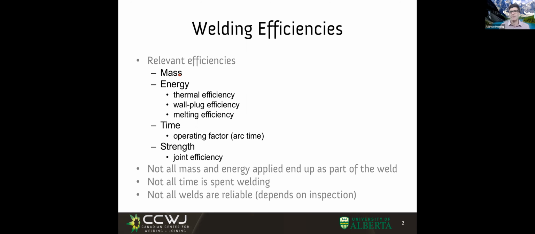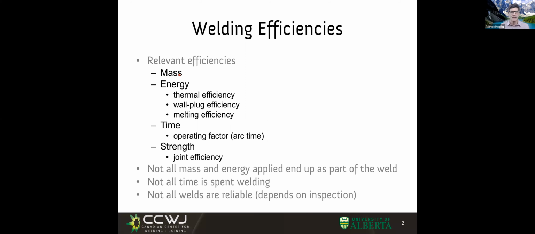For example, with CO2 we have a globular transfer, therefore more spatter, therefore lower mass efficiency. And with flux core, a self-shielded wire has lower mass efficiency than a gas-shielded one because we have more spatter in self-shielded.